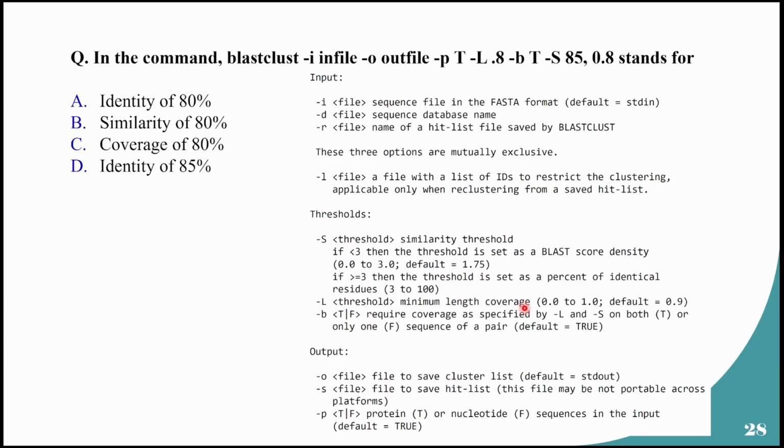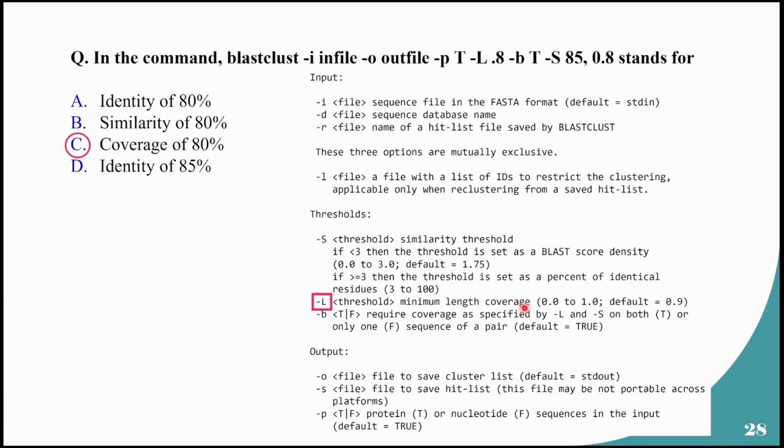So if it has a value of 0.8, the coverage for the calculation of BlastClust will be 80%. Since these algorithms were discussed by Professor Gromiha, try to remember the key parameter values and how they are indicated.